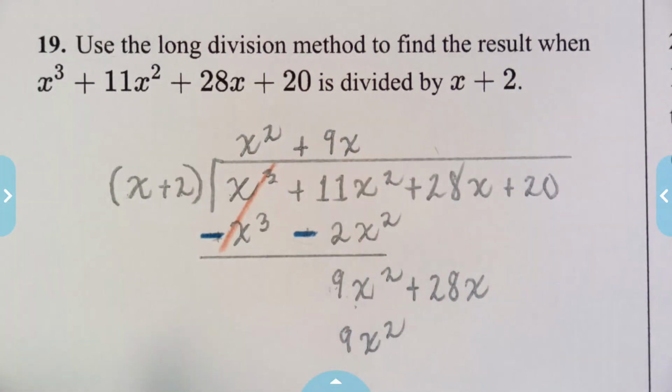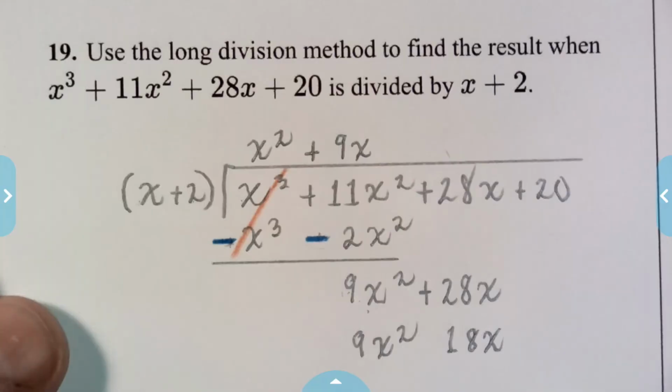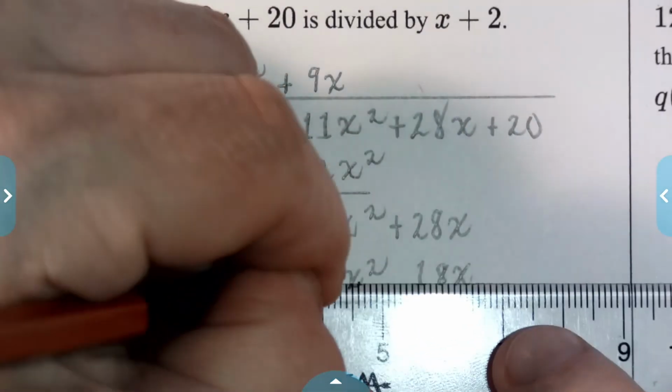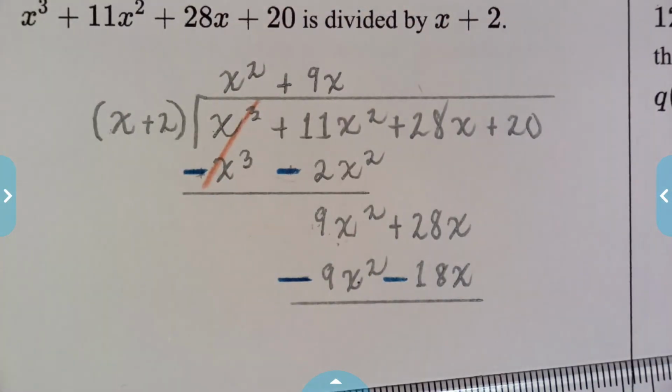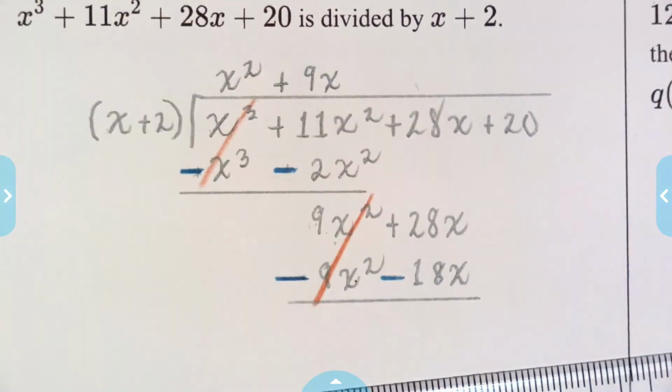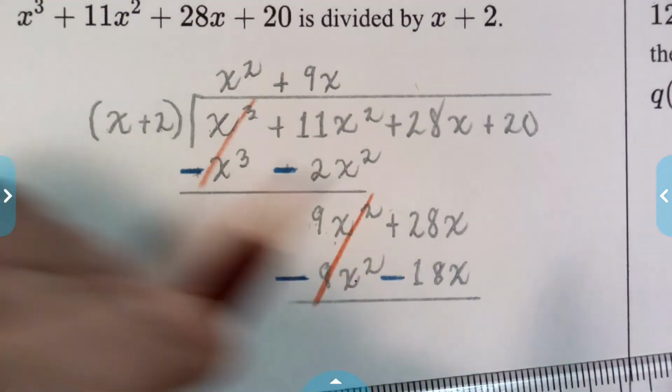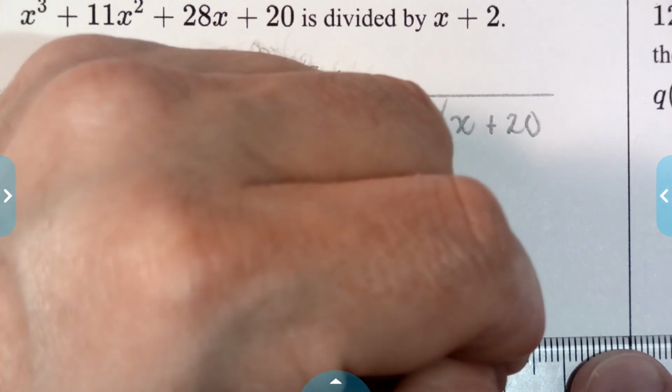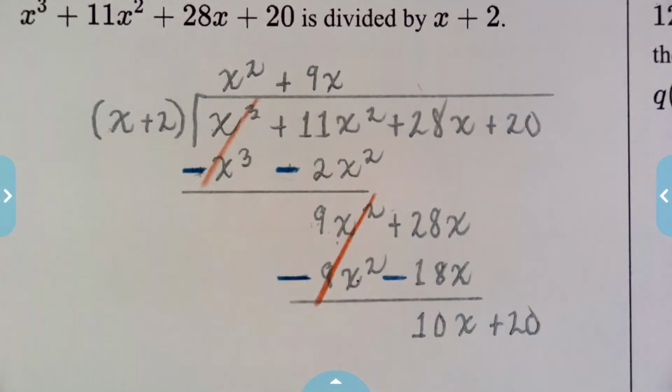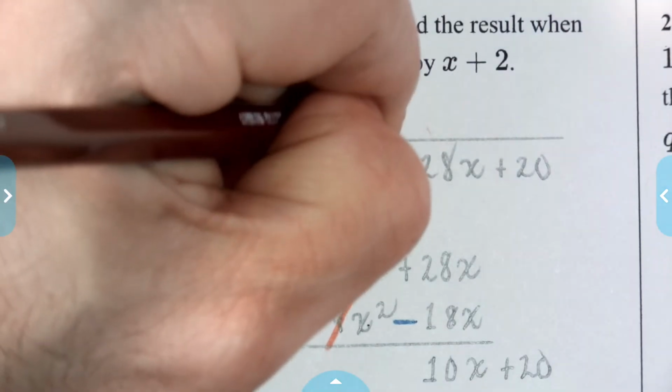And 9x times 2 is 18x. Right? Now draw a line, change both signs, and you should be able to cancel this term out. And now we've got 28 minus 18, which is 10x plus 20. So what times x makes 10x? About 10. So plus 10.